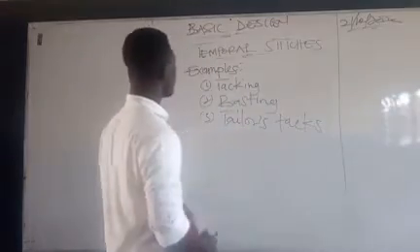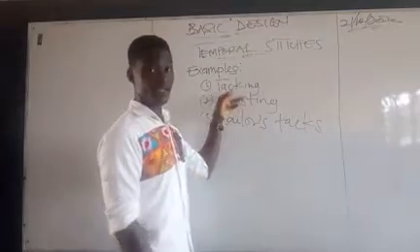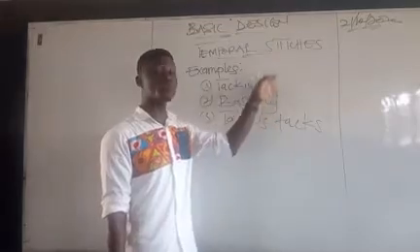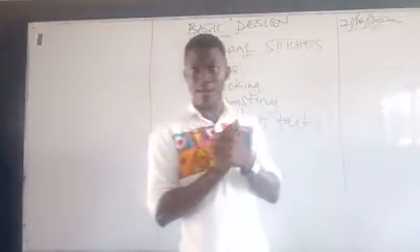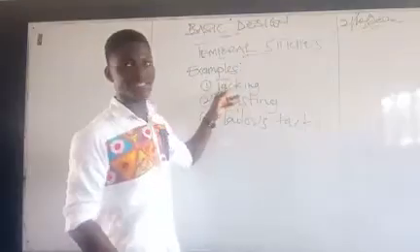We also said that examples of temporary stitches are tacking, basting, and tailor's tacks. All these are used to hold pieces of fabric for a short period of time until permanent stitches are made. But today we want to look at tacking.